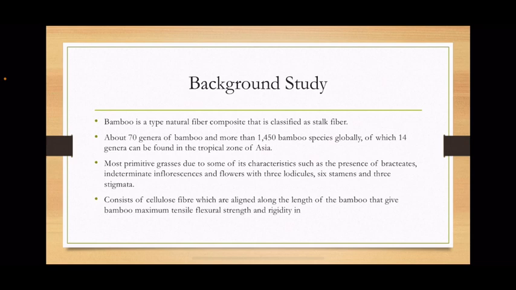Most primitive grasses, due to some of its characteristics such as the presence of bracteates, indeterminate inflorescences and flowers with 3 glumes, 6 stamens and 3 stigmata, consist of cellulose fiber which are aligned along the length of the bamboo that give bamboo maximum tensile, flexural strength and rigidity.